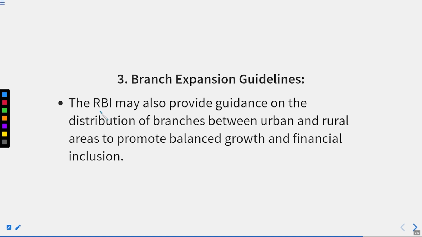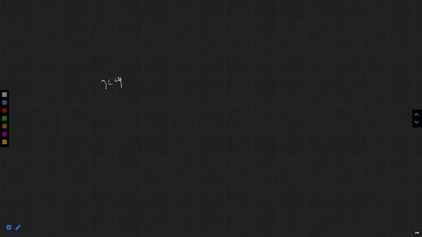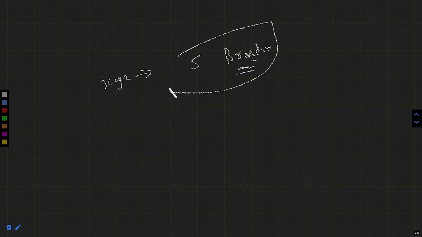RBI may also provide guidance on the distribution of branches between urban and rural areas to promote balanced growth and financial inclusion. It means that if XYZ is trying to expand its branches, suppose XYZ said that they want to open 5 more branches in India. In such a case, the Reserve Bank of India could ask XYZ to distribute the branches amongst rural and urban areas as per financial inclusion.